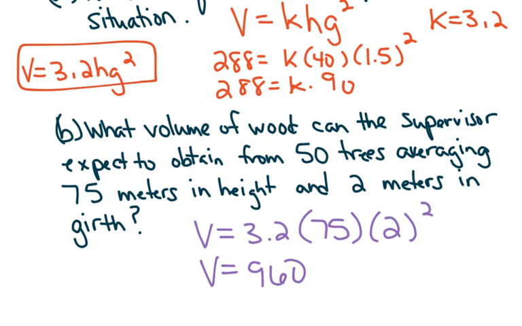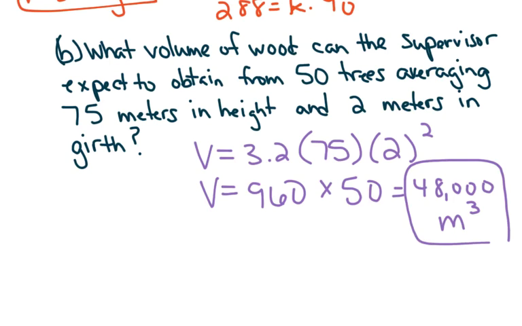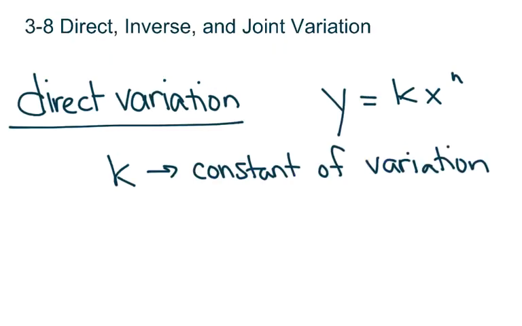Well, all I have to do is multiply that answer by 50 because that's the volume for one tree. So the volume for 50 trees is 960 times 50, which is 48,000. And it's going to be meters cubed. And that is direct, inverse, and joint variation.